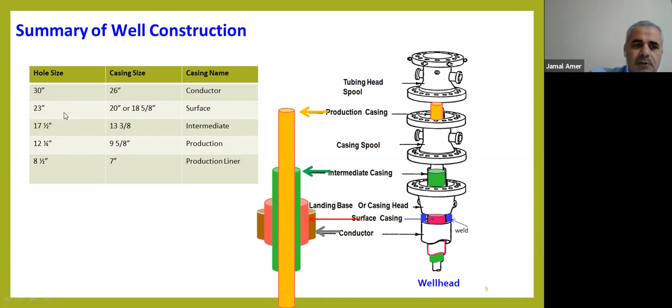Open hole 23, we have either 20 inch or 18.58 surface casing. Then we have 17 inch. Then we have 13 3/8 intermediate casing, and we have production casing 9 5/8 and production liner, if the plan in the well is to include a 7-inch production liner.